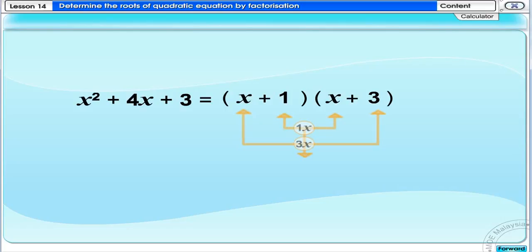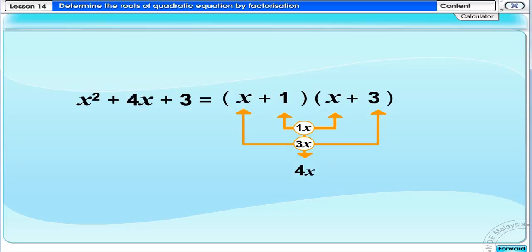For the factorization to be valid, we must add up the product of the outside terms and the product of the inside terms. The outside terms give 3x and the inside terms give 1x.